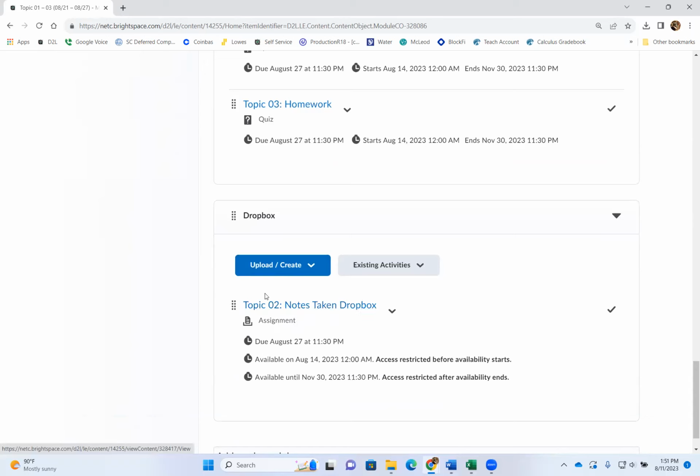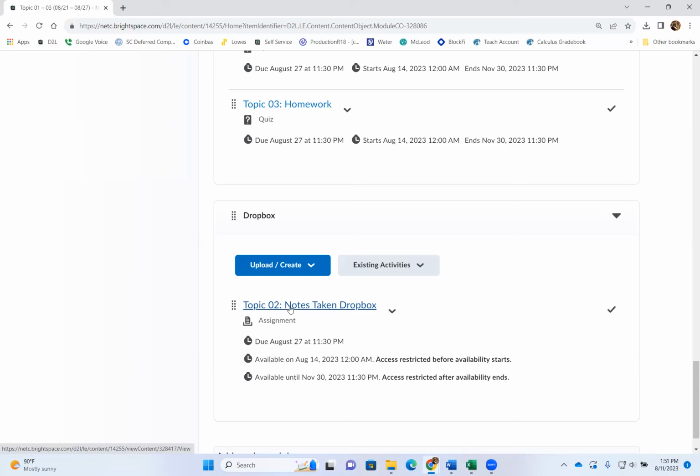The name of the Dropbox tells you which lecture notes I want you to turn in. Normally, once students take the notes on paper, in order to upload them into the Dropbox, students will use their mobile device, take pictures of the notes, email themselves those pictures, get on a computer and save those pictures onto the computer so they can upload them into the Dropbox.